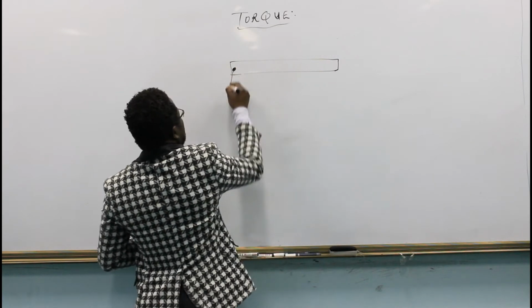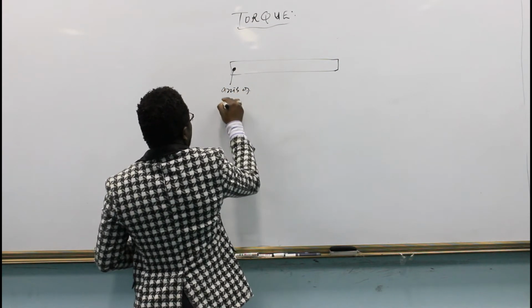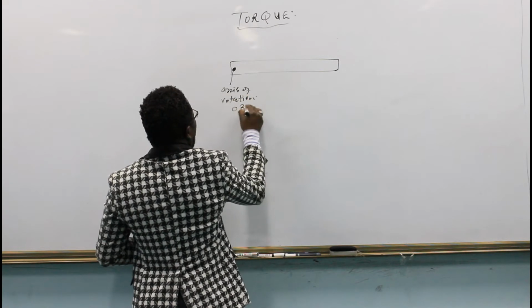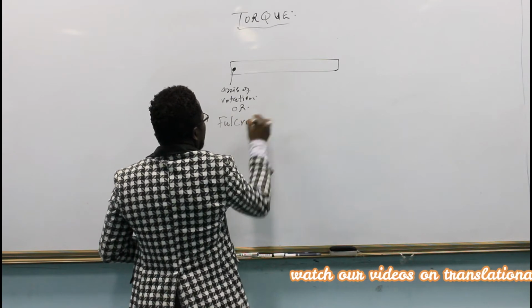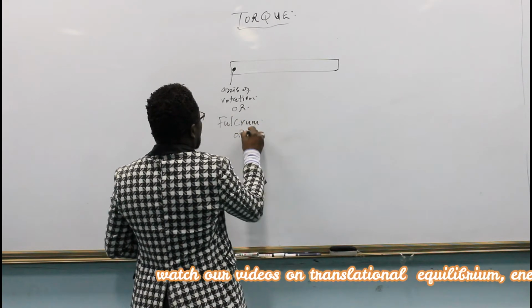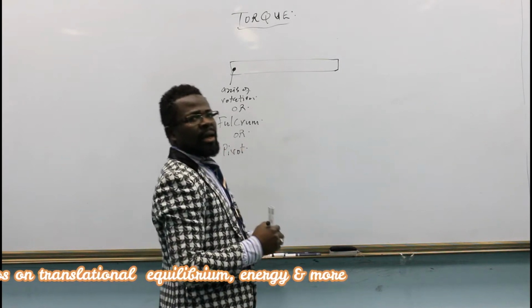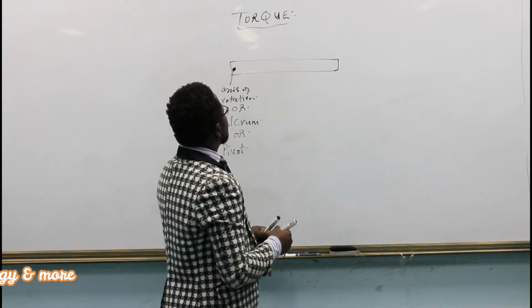Here is our fixed point, so we will call that our axis of rotation, or a fulcrum, or you can also call it a pivot. Any of these three terms can be used.